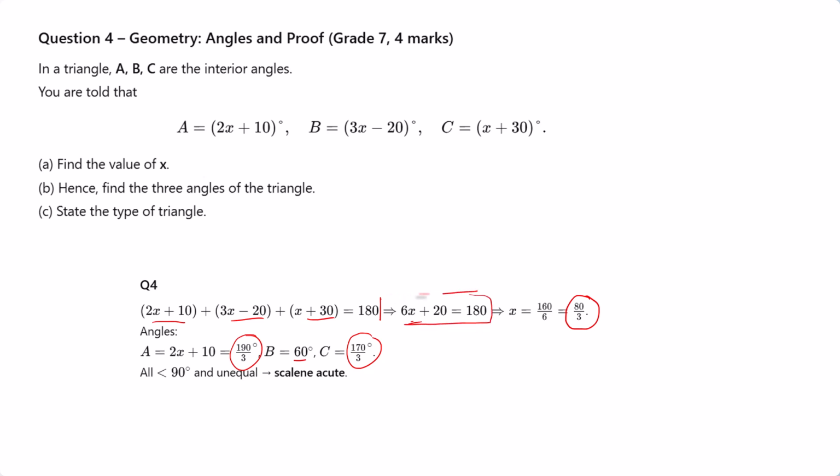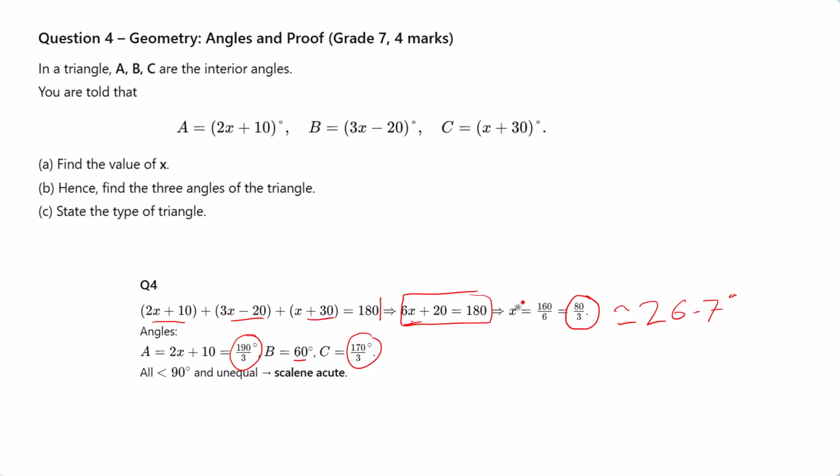You simplify, and then you just solve. You're going to take away 20 from both sides. That will give you 160, then divide by 6. So the answer will be 80 over 3, which is approximately 26.7 recurring degrees.